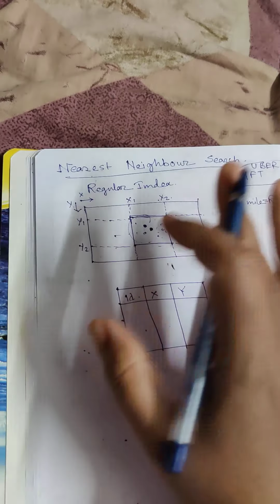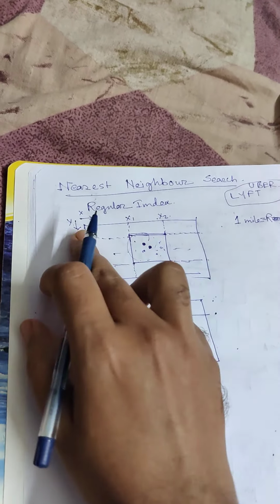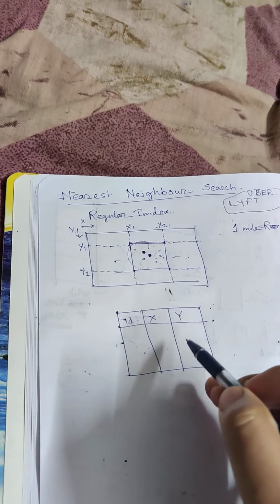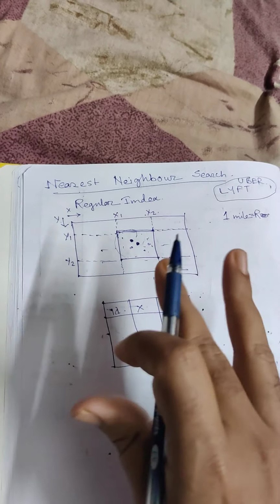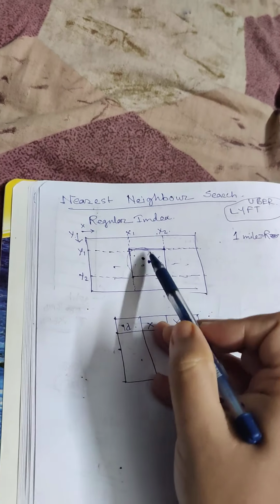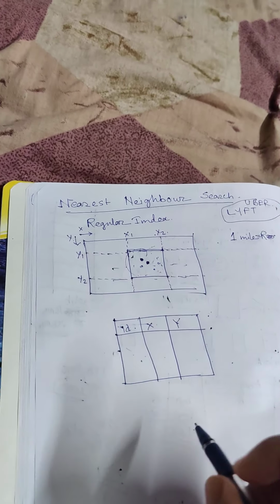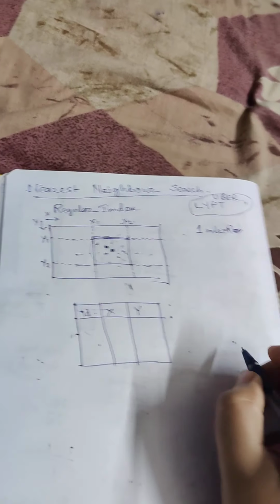For this whole ecosystem there are a lot of points, and you have the coordinates of those points in this database. You want to find out which points lie in this square. So what are you going to do?